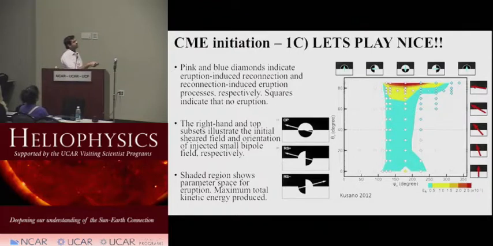His RS is reverse shear, and OP is opposite polarity. He looked at all these different orientations and tried to find out if it can actually erupt. What he's showing here in this parameter space is that everything that's shaded is where it erupts, and it erupts more strongly on the red side.